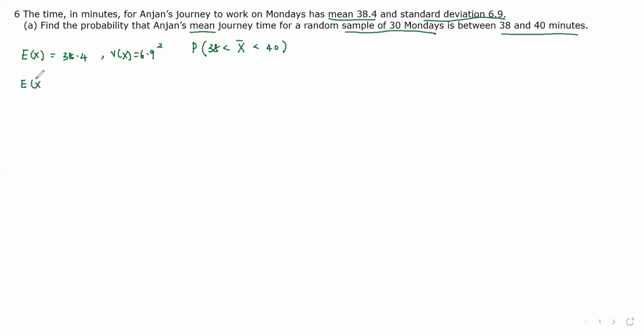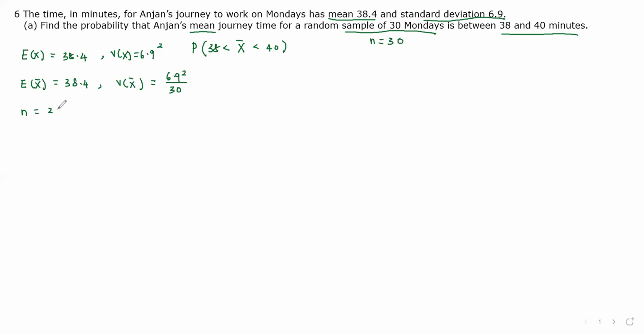We know that the expected value of X bar is the same as the expected value of X, which is 38.4, and the variance of X bar is the variance of X over n, which is 6.9 squared over 30.